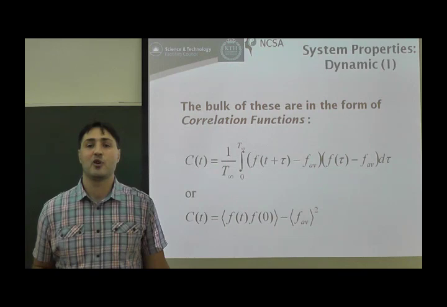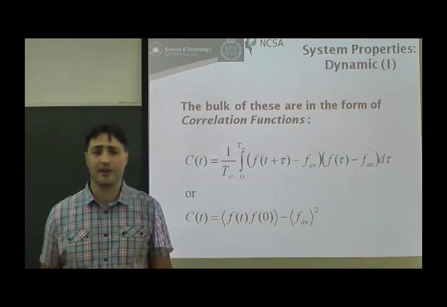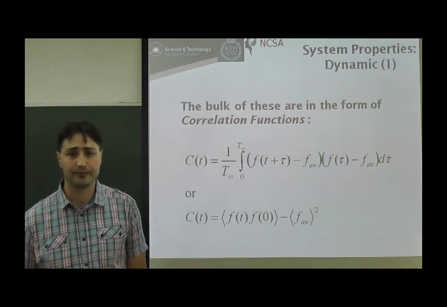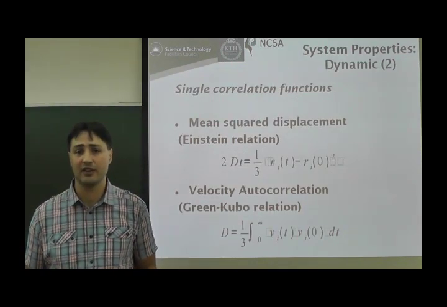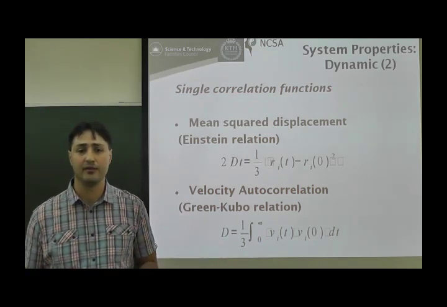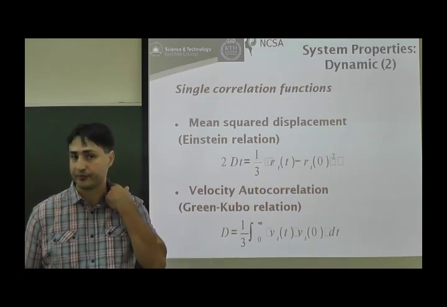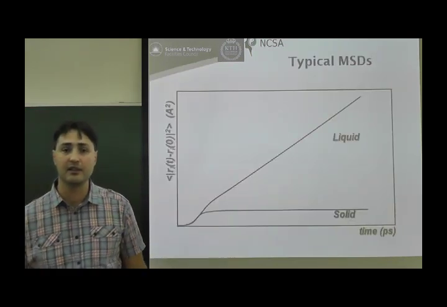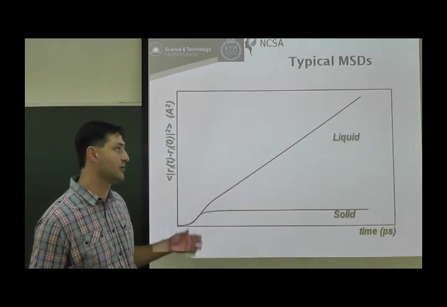So there are other dynamic properties that we can calculate, easily based on correlation functions of the form shown here. And the two that I need to mention are the mean square displacement, which shows the Einstein relation, or the velocity autocorrelation from the Green-Kubo relation. And this is what the mean square displacement is like for two different systems.